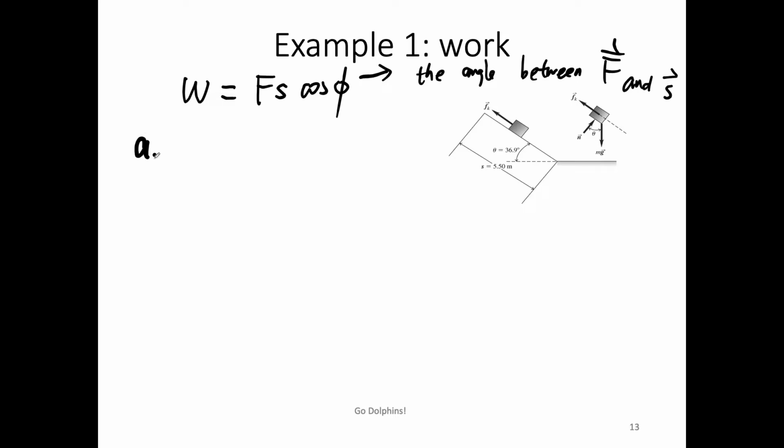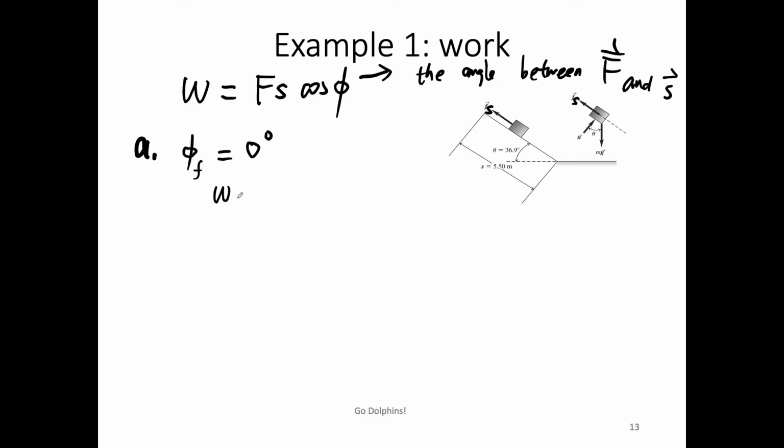Okay, so let's do friction first. Friction is pointing up along the incline. S is also pointing up along the incline. So what is angle phi for F? Friction and S are in the same direction, right? So the angle between them has to be 0 degrees, and cosine 0 gives me 1.